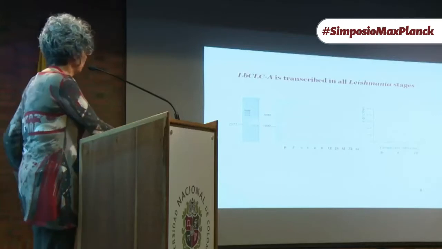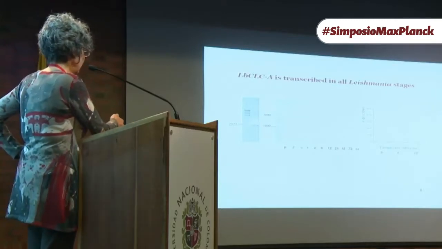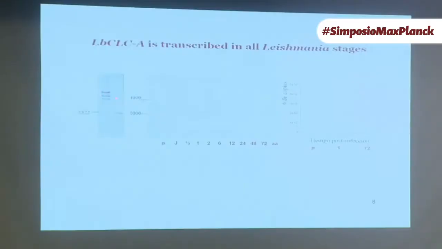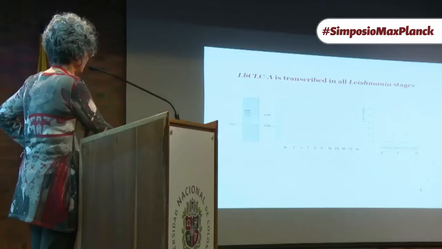What we have learned so far about this particular one is that it is transcribed. In other words, the Leishmania appears to be using this gene and it is differently transcribed. This will be the promastigote, the free living form that I presented initially. And these are different times, a period during which this promastigote should transform into the amastigote.